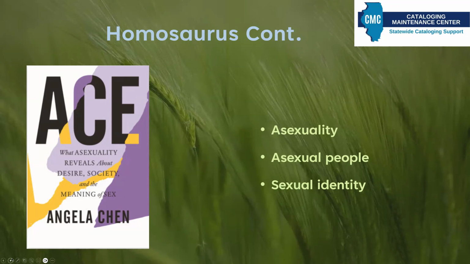The LC record also mentions desire, but I feel the three subject headings I mentioned encapsulate most of the book's thesis. We're going to search for the term sexual identity in this database on the next slide.